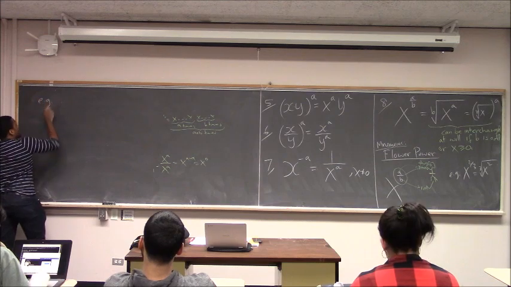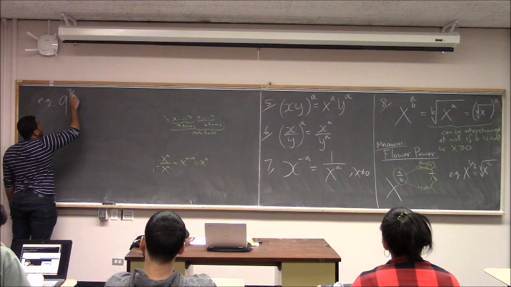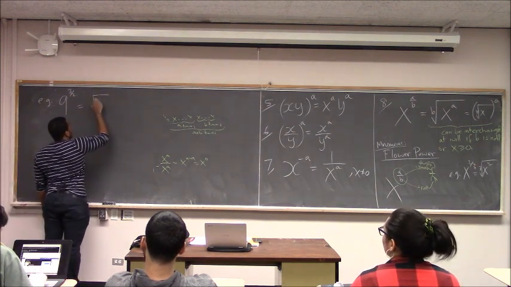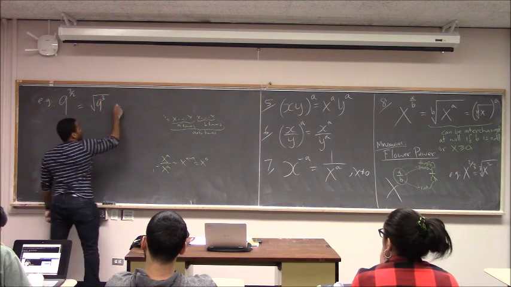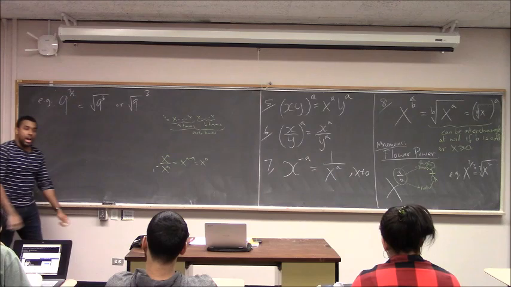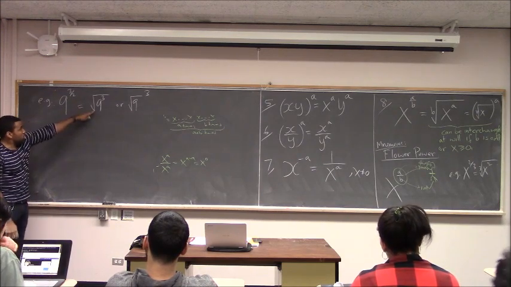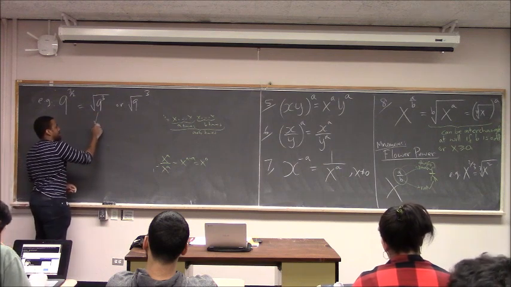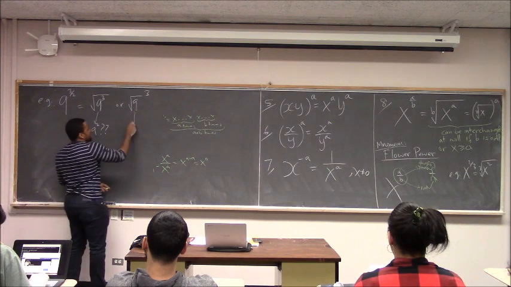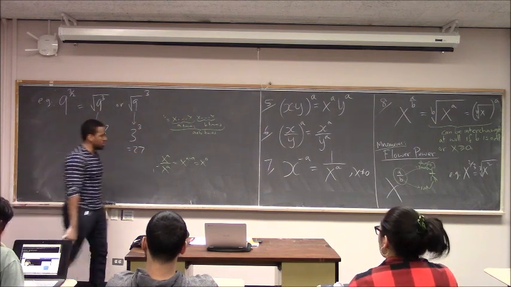So for example, if you look at 9 to the 3/2, you can think of that as the square root of 9, cubed, or you can think of that as the square root of 9 cubed. Either way is okay here because your 9 itself is positive. But if you're doing 9 cubed first, what's that again? You have to multiply it. It's easier to see that this is just 3 cubed, and the answer is 27. It's much easier to see it that way.